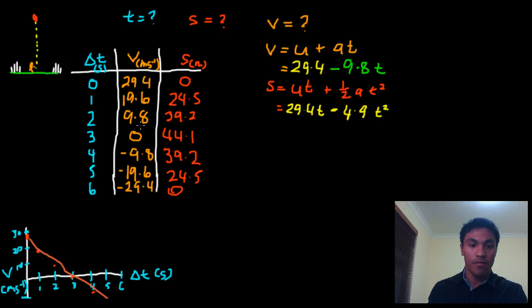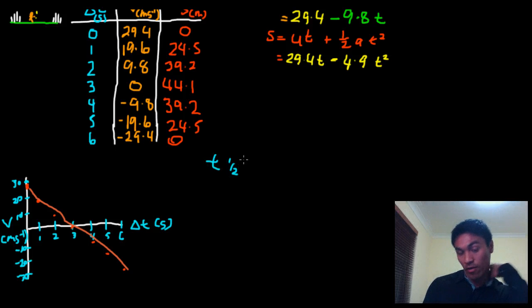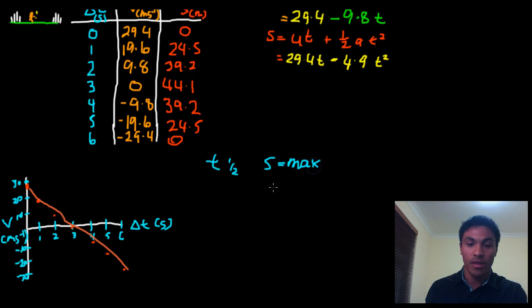We can find out here that at half the time, so let's put a little notation, at time equals half, meaning at half the time it actually takes for it to do its entire motion, at the halfway mark, the displacement is going to be at its maximum and its velocity is going to be 0.